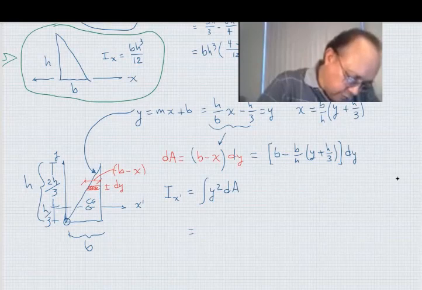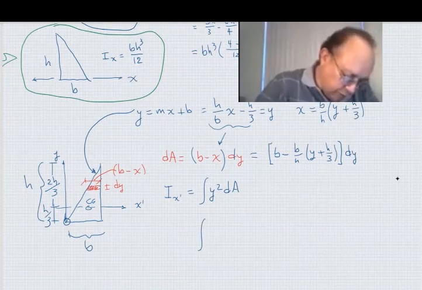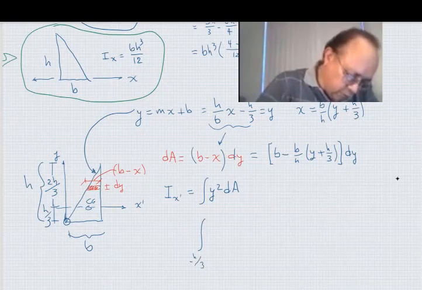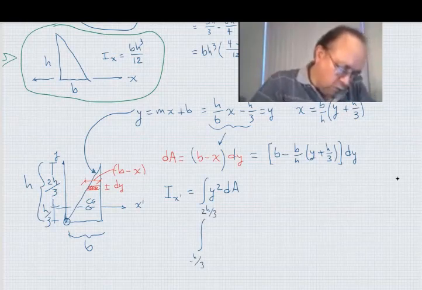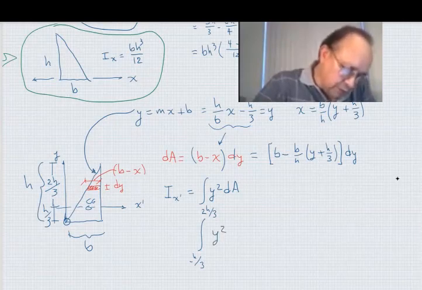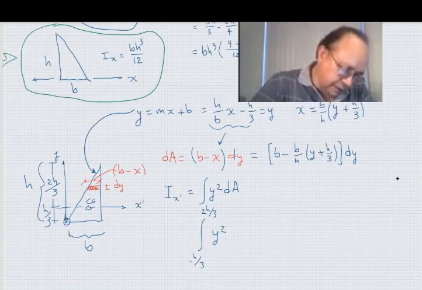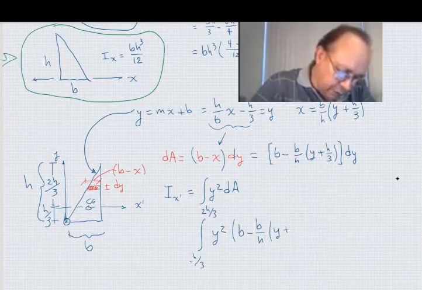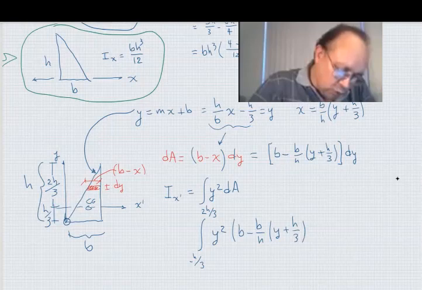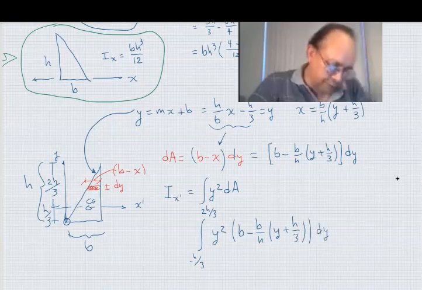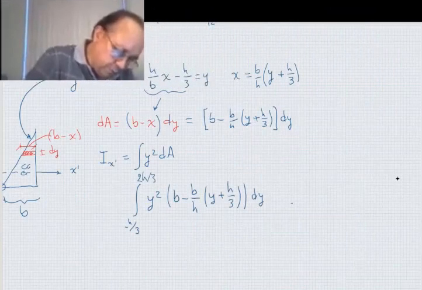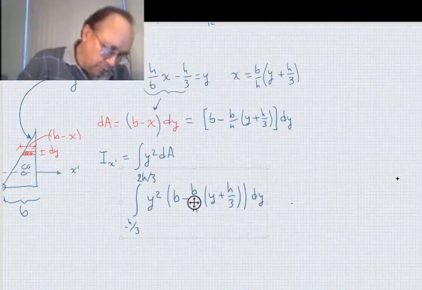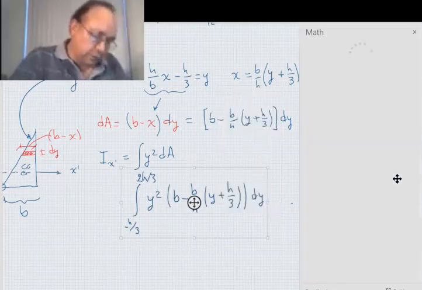So it's equal to the integral from minus h over 3 to 2h over 3 of y squared multiplied by dA, which is b minus b over h times (y plus h over 3), times dy. All right. Okay, cross your fingers.